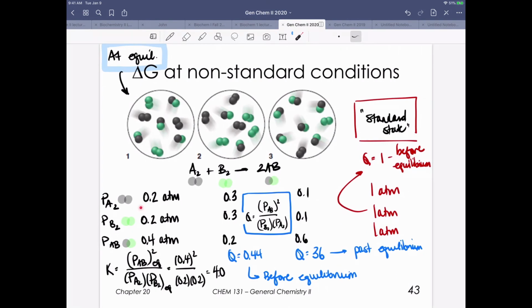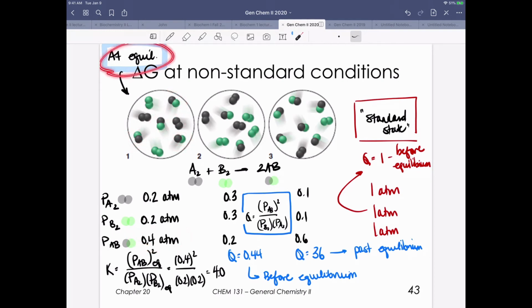So if we've got two of these guys, that means that the partial pressure of that gas is 0.2 atmosphere. Same thing for two greens that we see here. And then we've got 4 of these guys, 1, 2, 3, and 4. So that's why that one's 0.4 atmosphere.